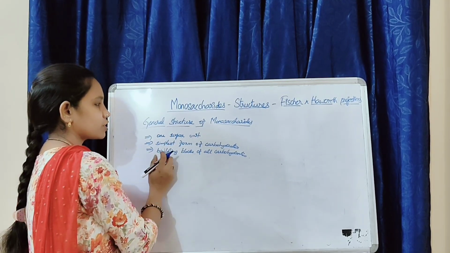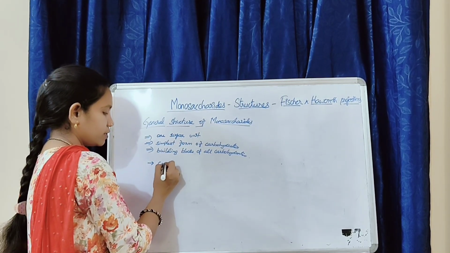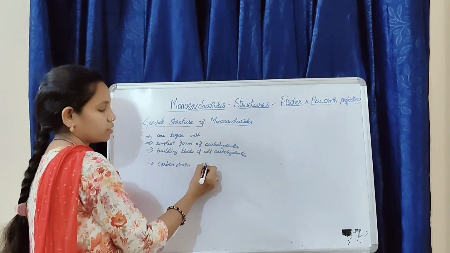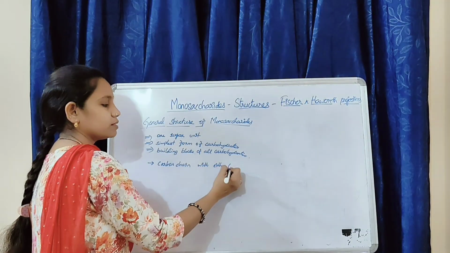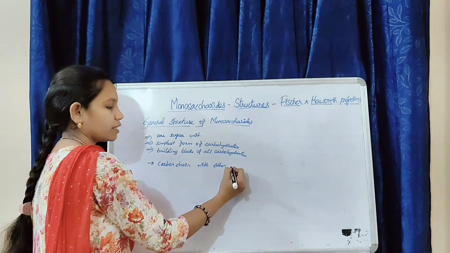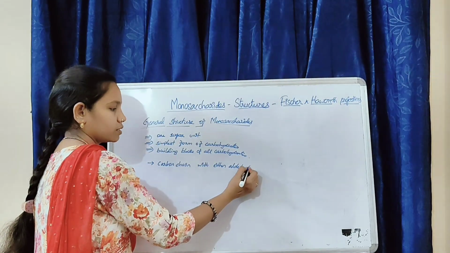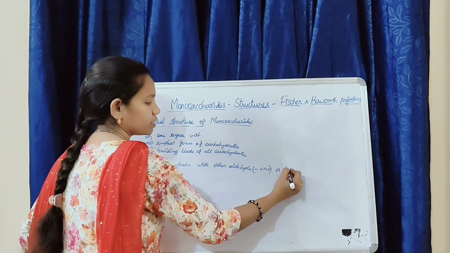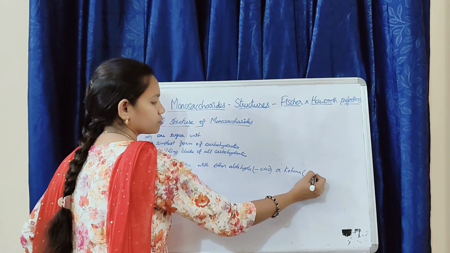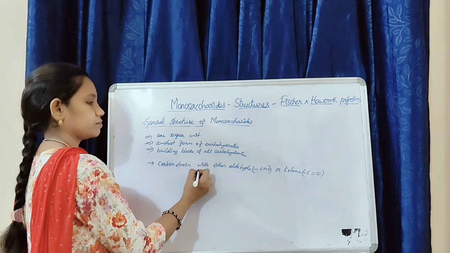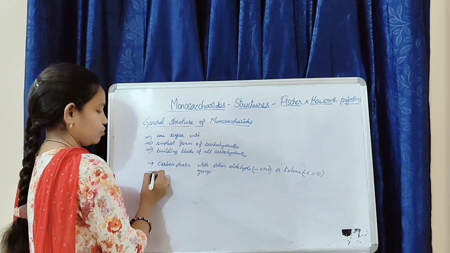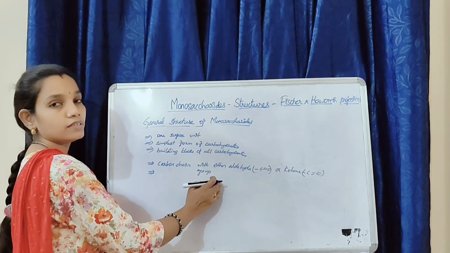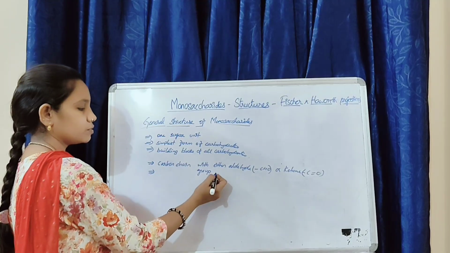If you see the general structure of monosaccharides, they contain a carbon chain with either an aldehyde group or a ketone group. So monosaccharides contain a carbon chain with either an aldehyde group or a ketone group, right?